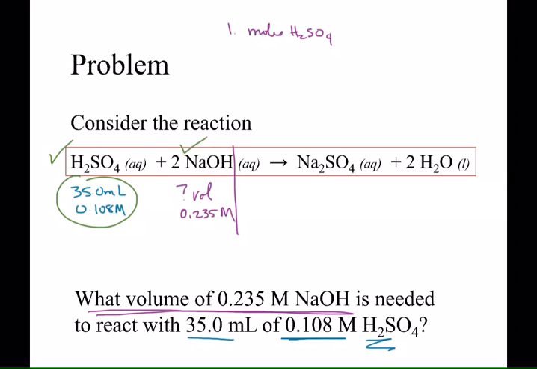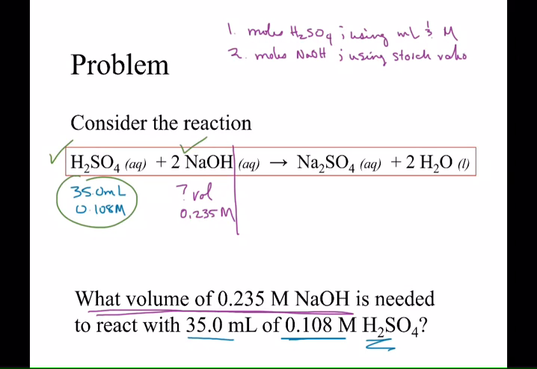And then if I have moles of H2SO4, using milliliters and molarity, do you see once I have moles of H2SO4, then I can get to moles of the other thing, which in this case is NaOH. And I can do that using a stoichiometric ratio.